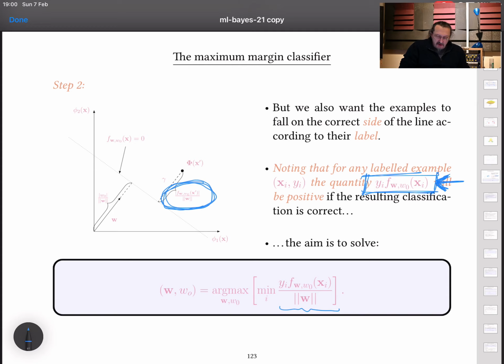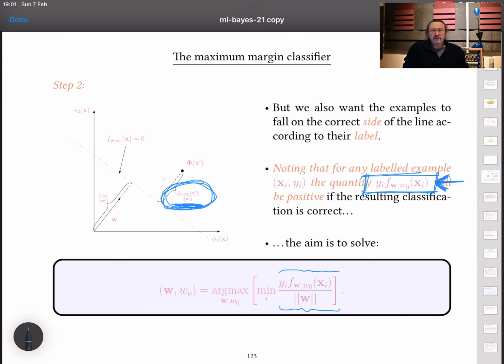So dividing that by the length of the weight vector is going to be large when the margin gamma for the ith training example is large, and that training example is being classified correctly.